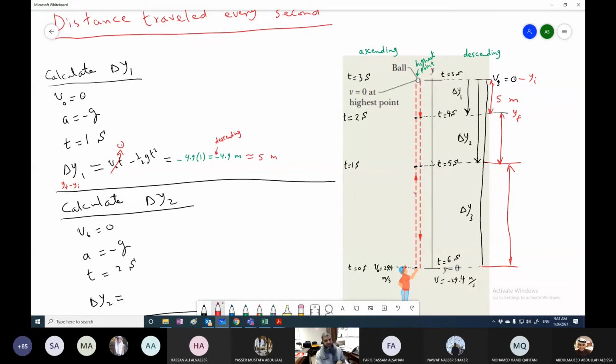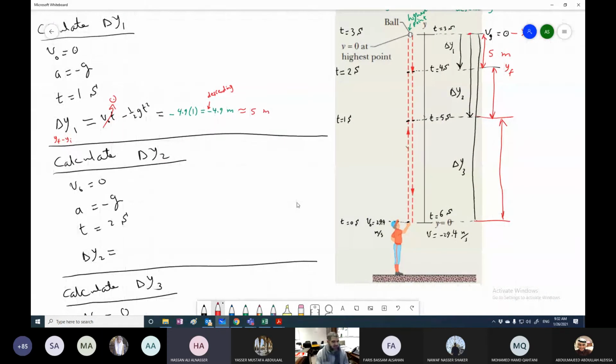You agree? Now, I want to calculate delta y2. We want to know how much is delta y2. Notice that delta y2 starts from the highest point when the time was 3 seconds to this point when the time is 5 seconds. So what is the time difference? 2 seconds. Acceleration is minus g. What was v0? It was 0.